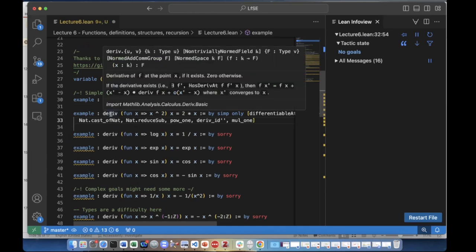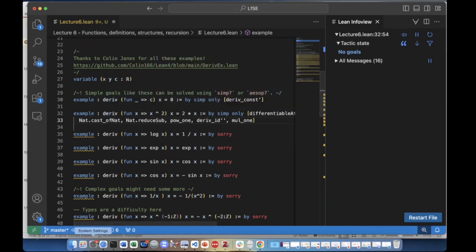You see the documentation, which is the derivative of f at the point x if it exists. It's 0 otherwise. If the derivative exists, and it illustrates this, has deriv at functions where x prime converges to x. So this is the documentation of this.